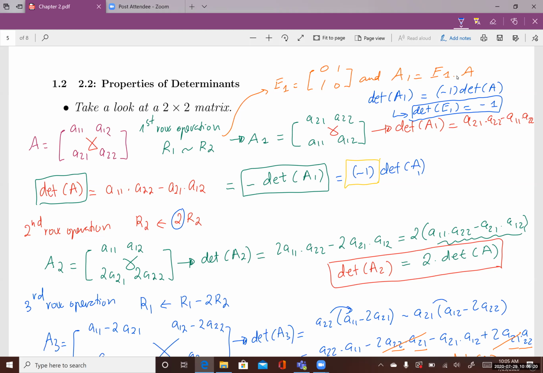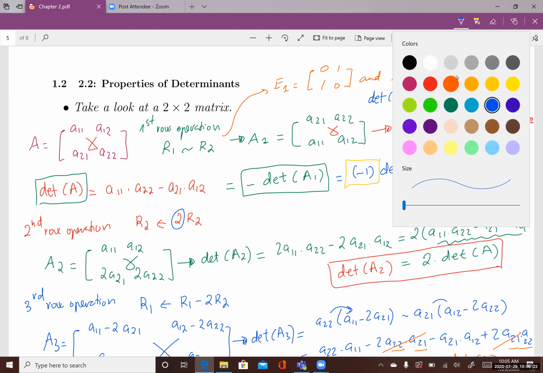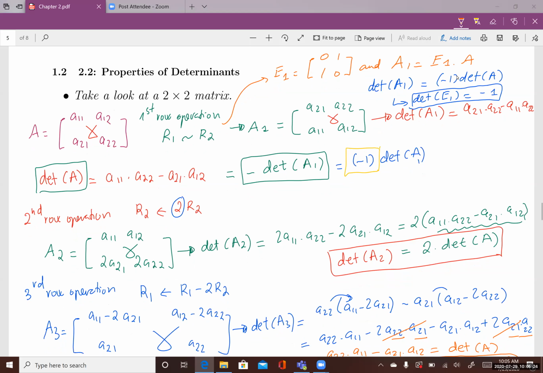All right, now go to the second row operation. As we know, we can find E2. E2 will be 1, 0, and 0, 2, because you multiply row 2 by 2.